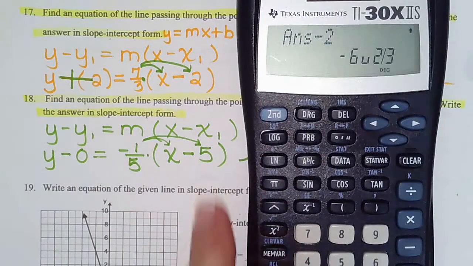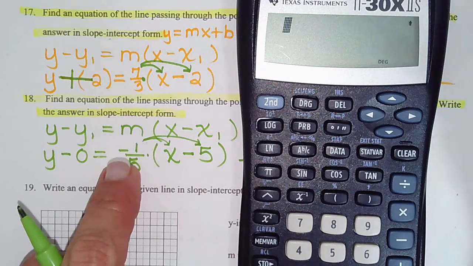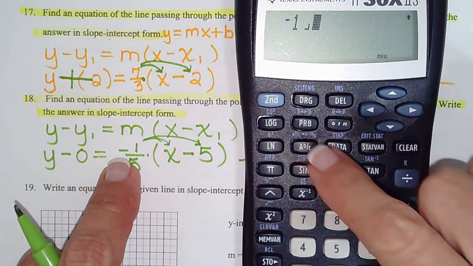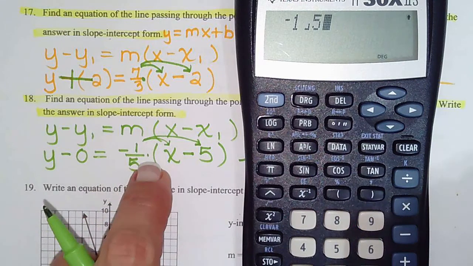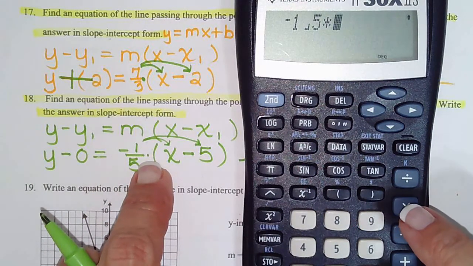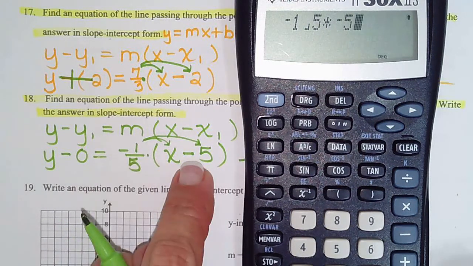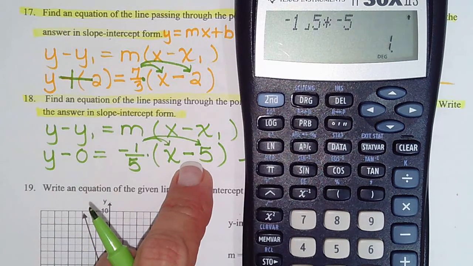And then on the calculator, negative 1 fraction bar 5 times negative 5. So the answer should be positive, right? A negative times a negative is positive. Boom, look at that. Positive 1.